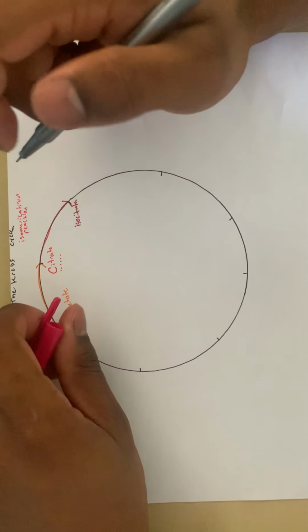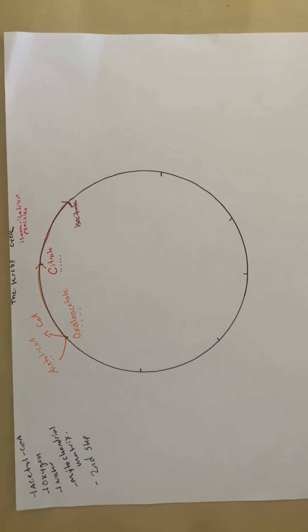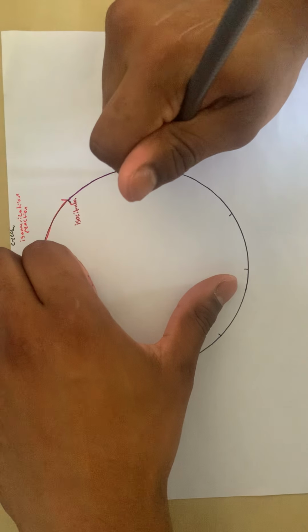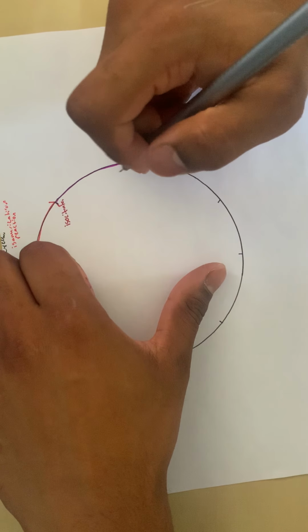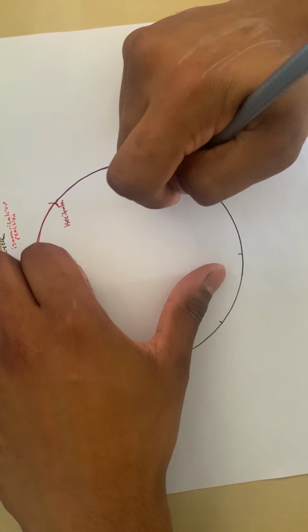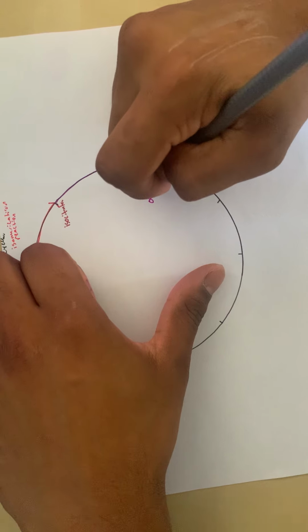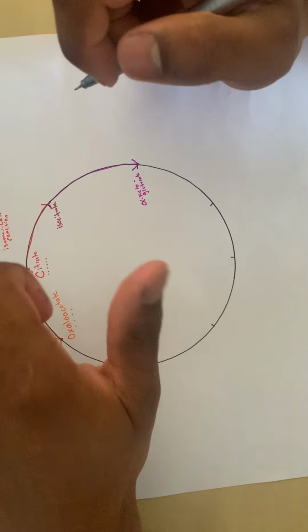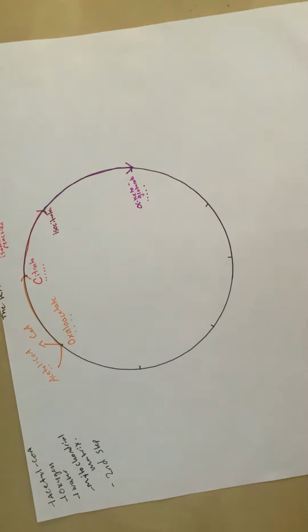Perfect. Now, isocitrate is going to undergo the first oxidation reaction of this process, and form alpha ketoglutarate, a 5-carbon molecule.